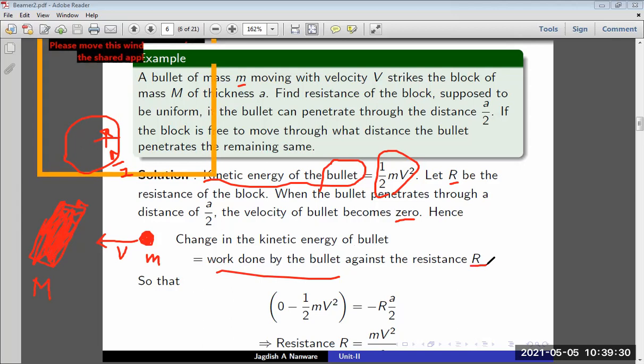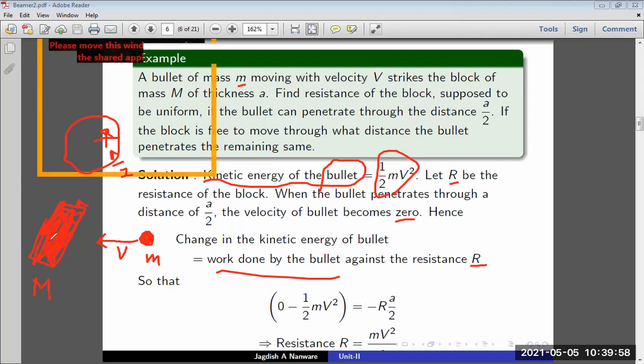And therefore, the change in kinetic energy of the bullet is nothing but this. After the bullet stops moving, the kinetic energy will be 0, right? And kinetic energy at the starting point is half mv square. So this is the change in kinetic energy of the bullet, and this is equal to minus R. Why are we taking minus?